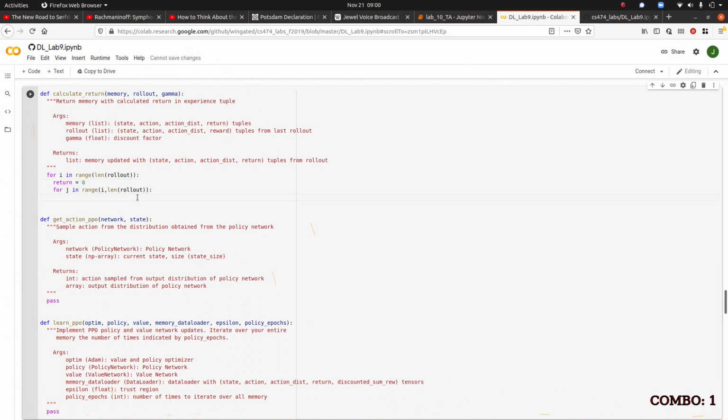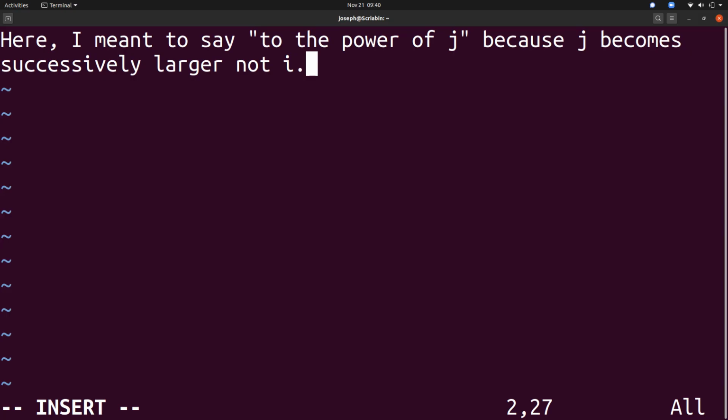0, and then here you say that the return plus equals the reward at j times gamma to the power of i.